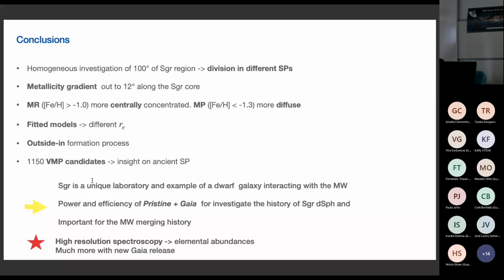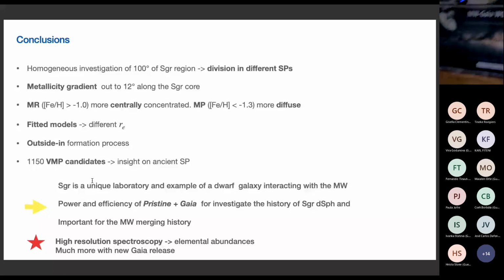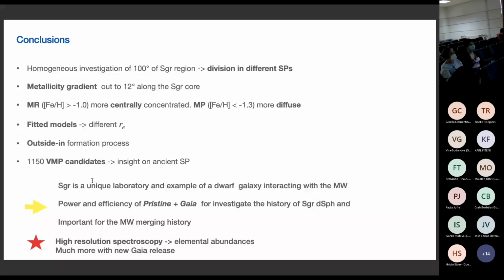Yes, please. What criteria did you use to find -1.3 and -1 as the limits for the metal rich and metal poor populations? Yes. We did not use a very strict criterion.